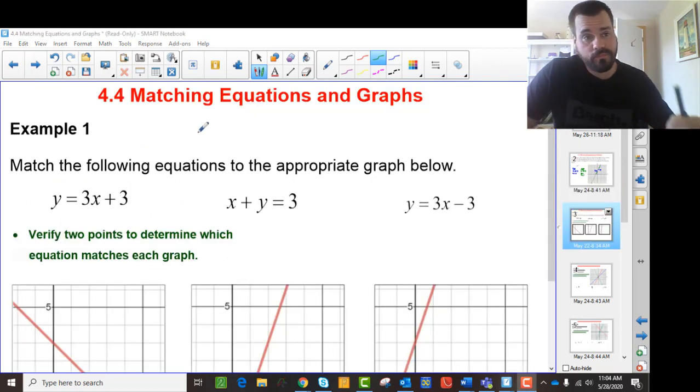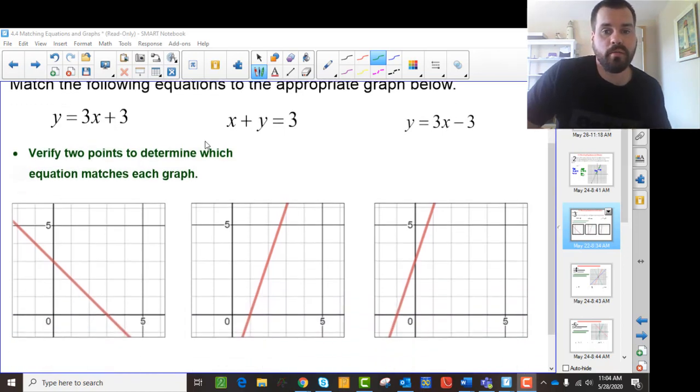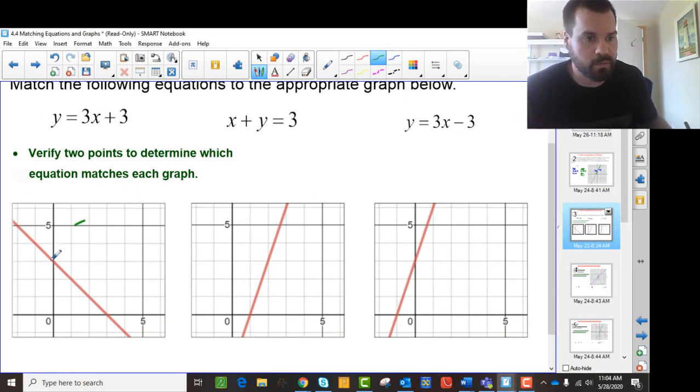So we want to do the same thing here, match the following equations to the graph, but we're just going to pick 2 points. So if I do this one, I'm going to pick this point and this point. This is the point 0 and 3, and this is the point 3 and 0.